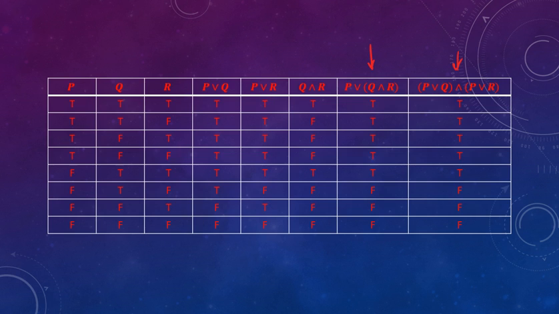So for every combination of truth values for the inputs here, the P, the Q, and the R, we're coming up with the same truth values for each of our two logical forms. So this is what verifies that the two statements or the two forms are indeed logically equivalent. And you do have to show all this work. You do have to show the values being filled in on these tables.